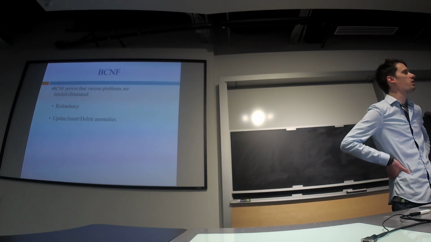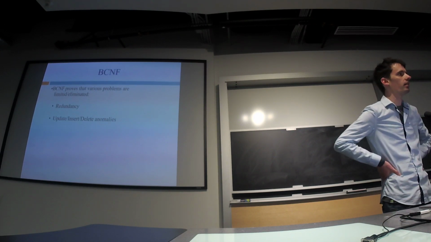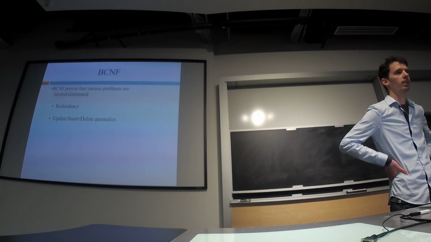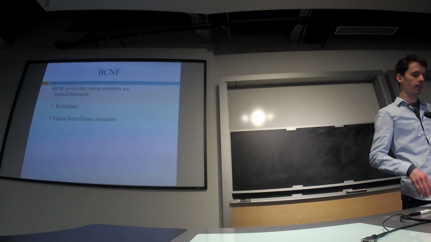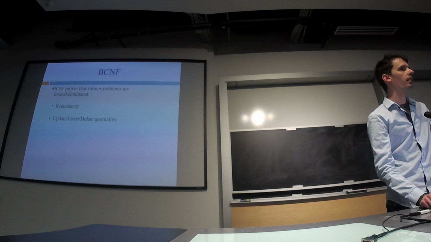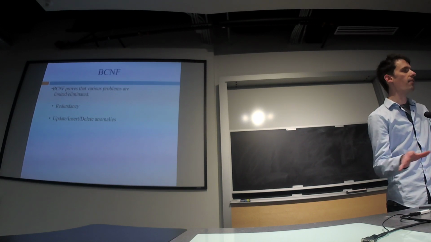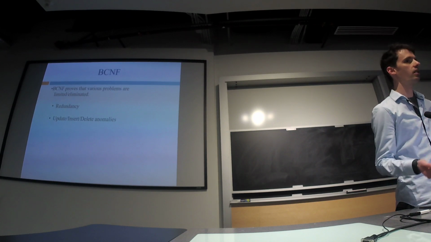There may be some small violations of BCNF in some of your tables, and if you want to go look for those, like a little functional dependency hunt, that'd be a good exercise. But you do not have to refine your tables at this point to make them BCNF if they're not.